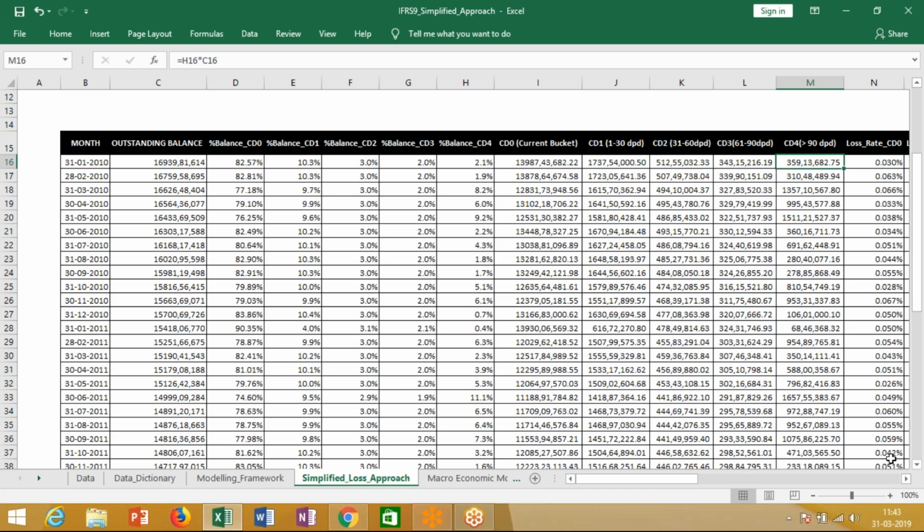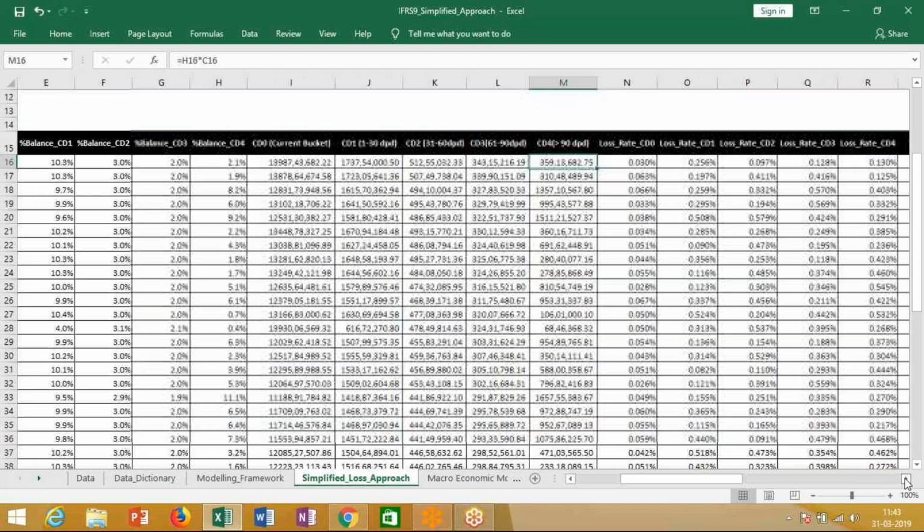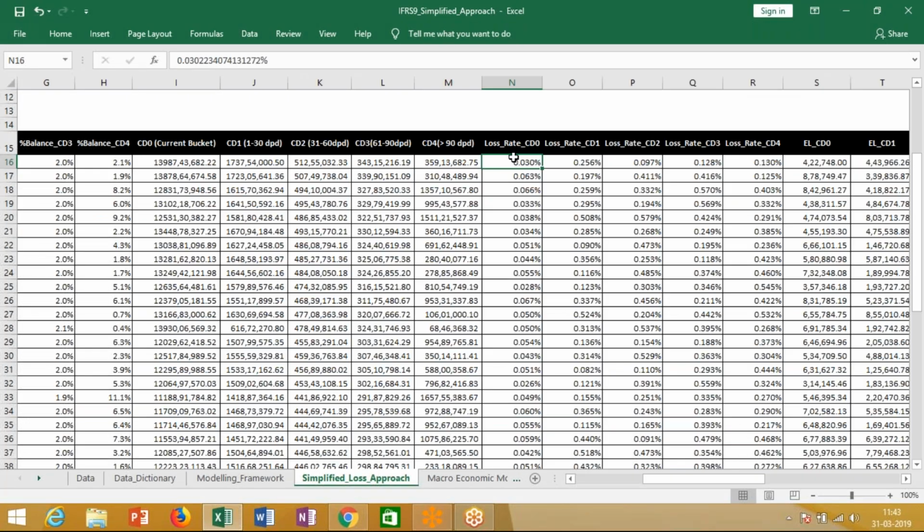So from here, what we have is the loss rates. Now my objective is this: when I was standing at the beginning of Jan, the balance was the CD0 balance. Out of this, some amount of balance had flown into the 90 days past due.